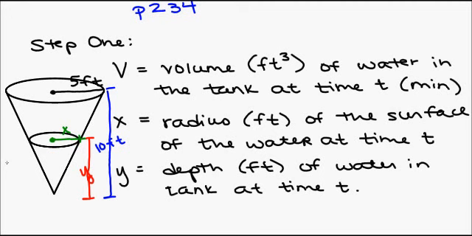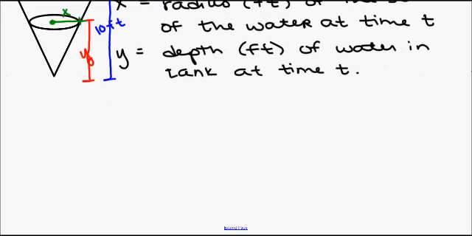So step 2, write down the numerical information in terms of symbols that you have chosen. Okay, step 2. Writing down my numerical information.